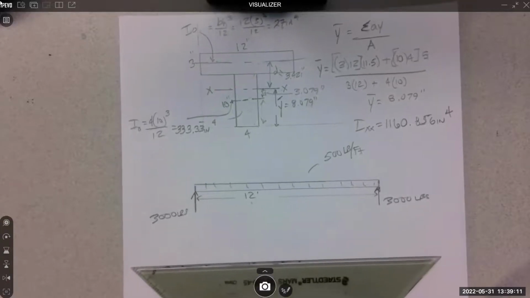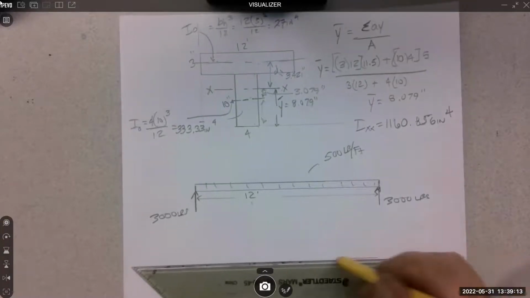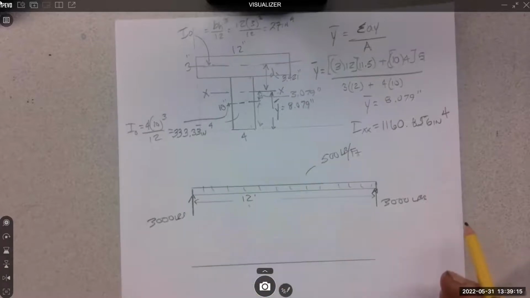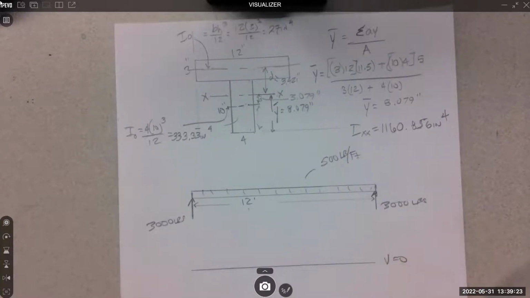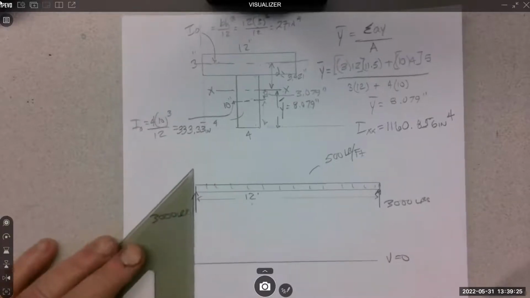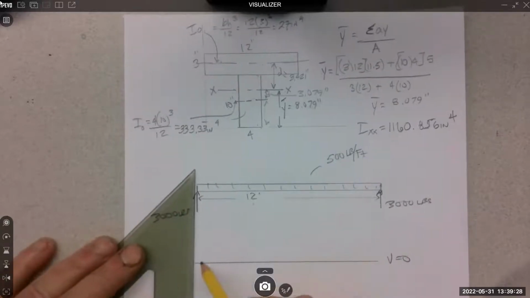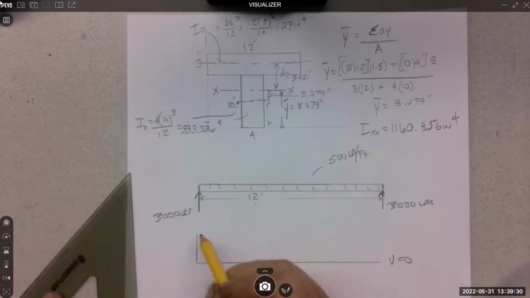So then the diagram would be shear and moment. We know it just follows the forces, and the shear comes up to 3,000.